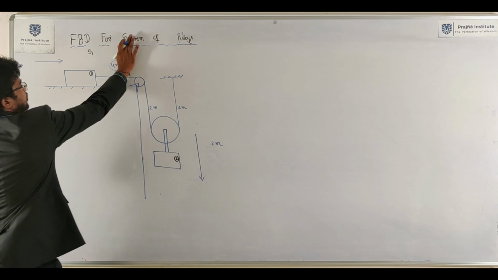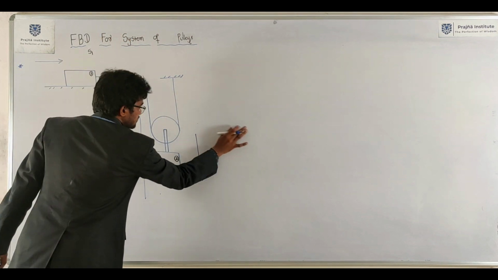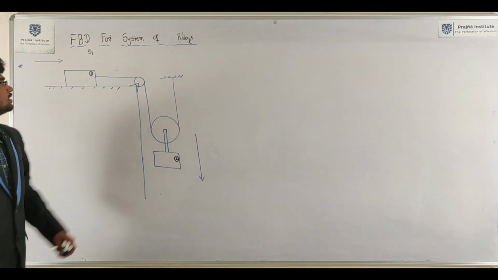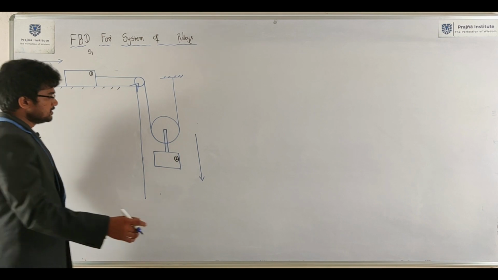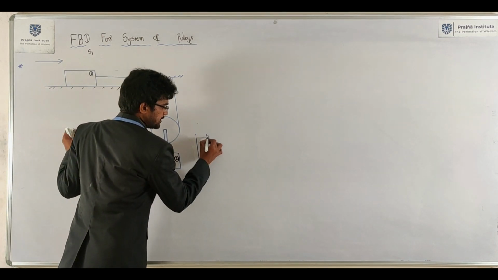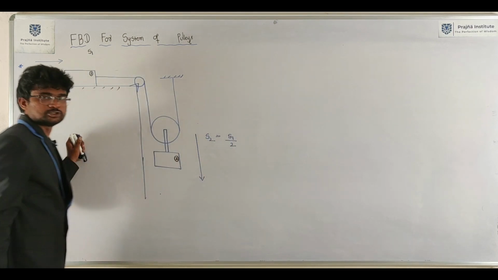Now apply the same thing here. The distance moved by block 1 towards right is S1. Then the distance moved by block 2 in downward direction is S2 equals S1 by 2.